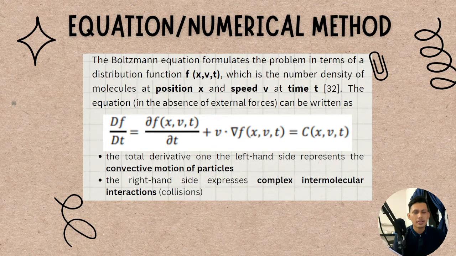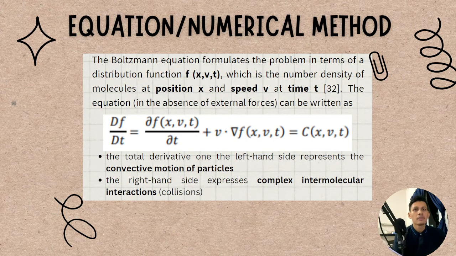My name is HAZIQ bin Abdul Halim, and for the next part I am going to continue with the equation and numerical method. Basically, the application is related to the lattice-Boltzmann method, which is a method used for CFD. The Boltzmann equation formulates the distribution function f, which consists of x, the position, v, the speed, and t, the time.